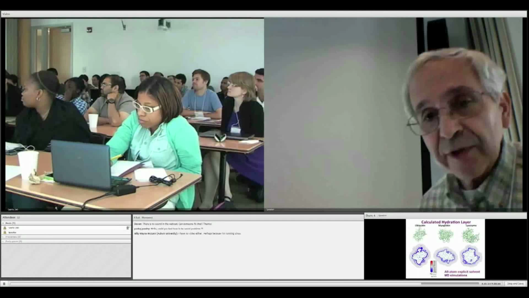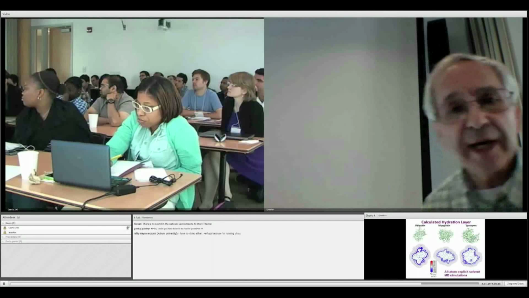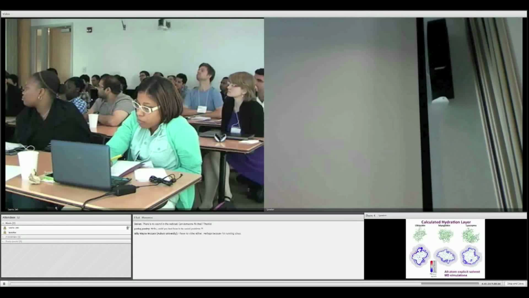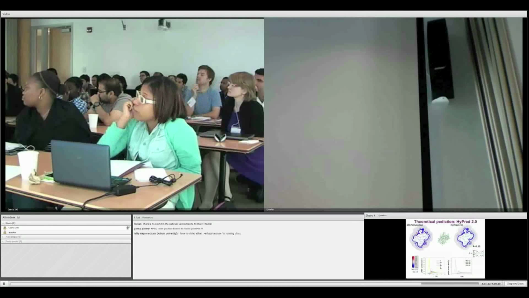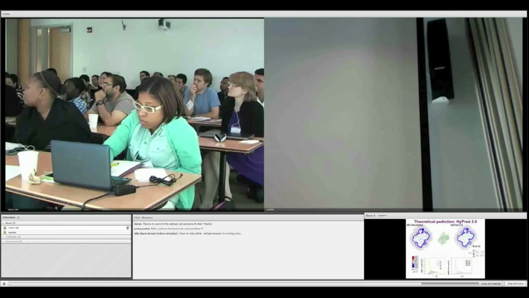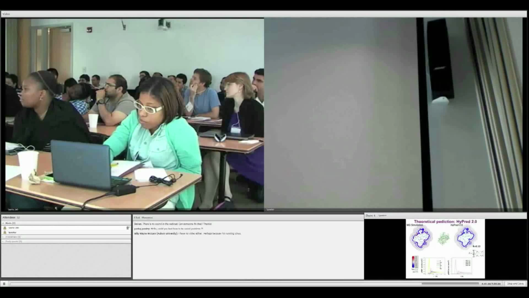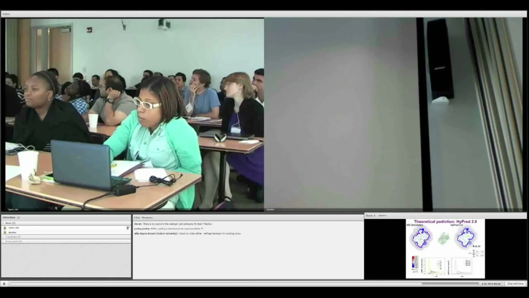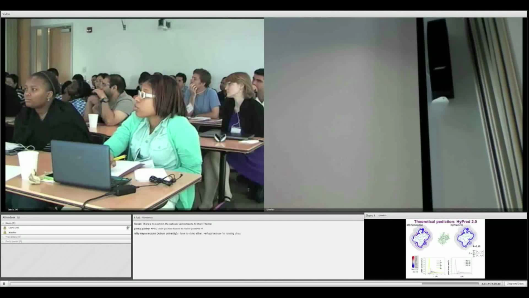Right around the protein surface, you have blue, which says exclusion. That's just the hardcore repulsion. That's the part of the pair distribution function where there's no overlap due to the Pauli repulsion. So that's an artifact. And you see just beyond that some red portions, which is an enhancement of density.